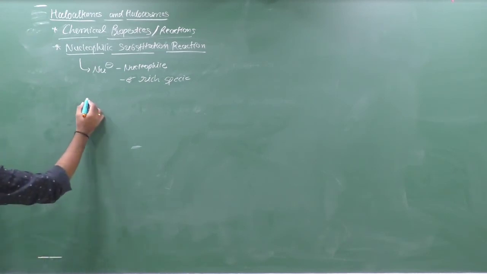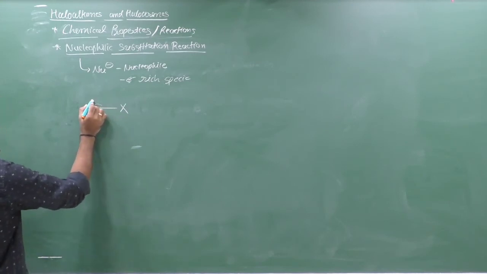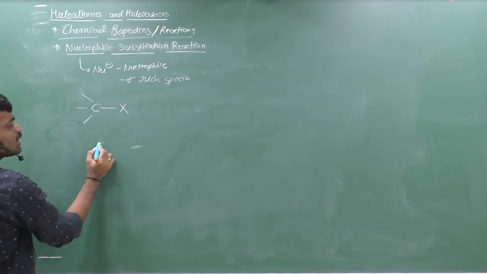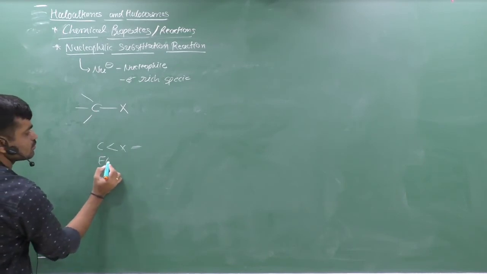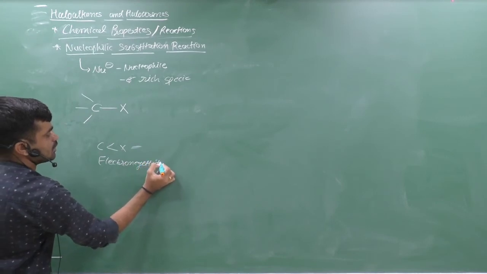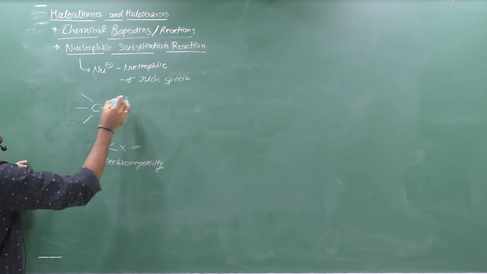First of all, what is the reaction? Suppose if we have C-X here, then due to the higher electronegativity of halogen, if you compare the electronegativity, the electronegativity of halogen is high. Therefore, it contains partially negative charge, and carbon contains partially positive charge.